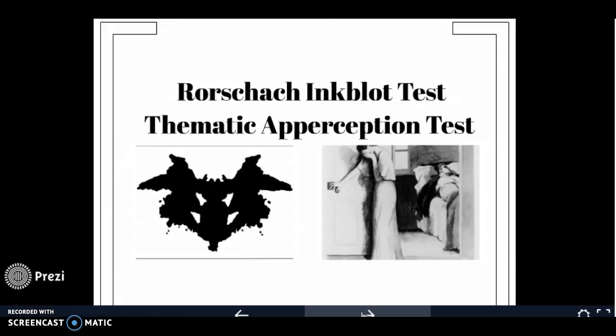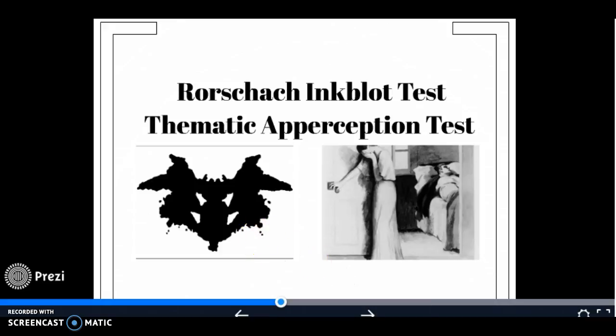So for example, if you ask me what I see here, on the picture on the left hand side, what I see is two wizards cooking. Maybe you see something absolutely different, and that's fine. And if you ask me what I see here, I see a woman crying because her husband is very ill, and the doctors think that he might die.